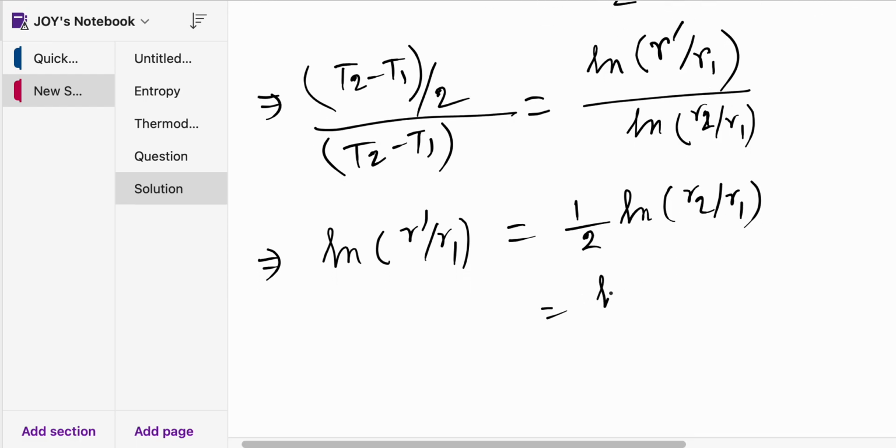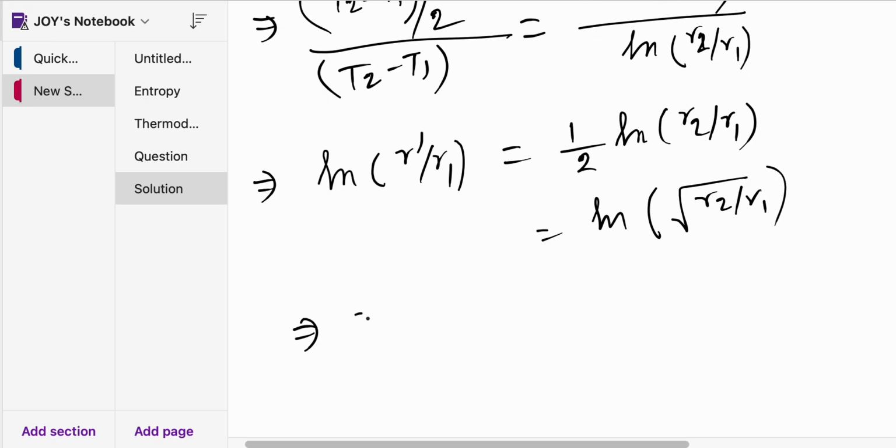So I can put it there, ln root over r2 by r1. Now r prime is equal to root over of r1 r2.